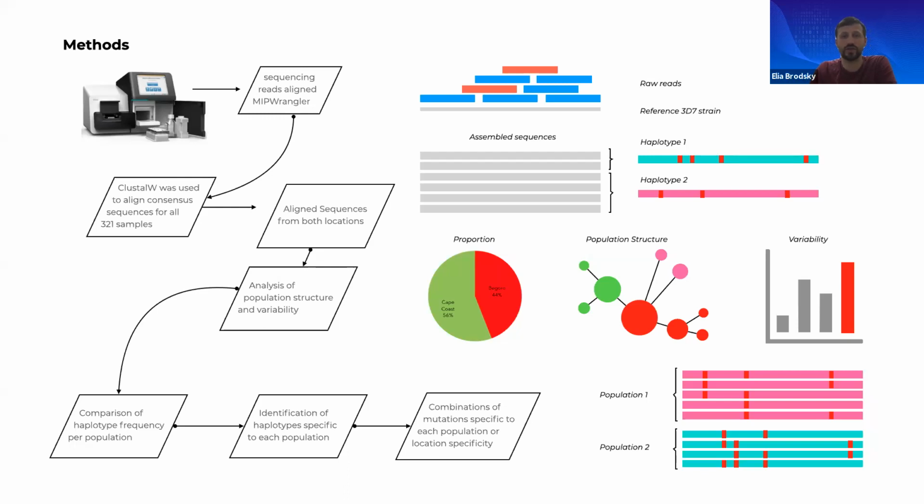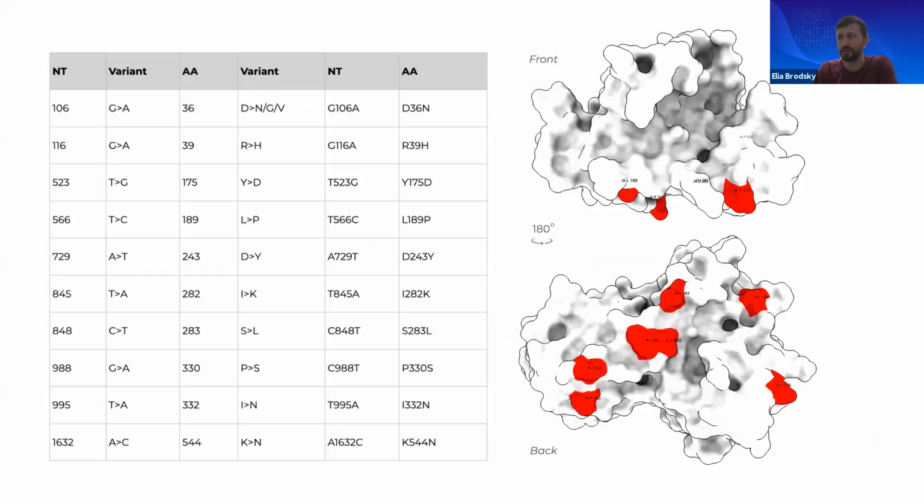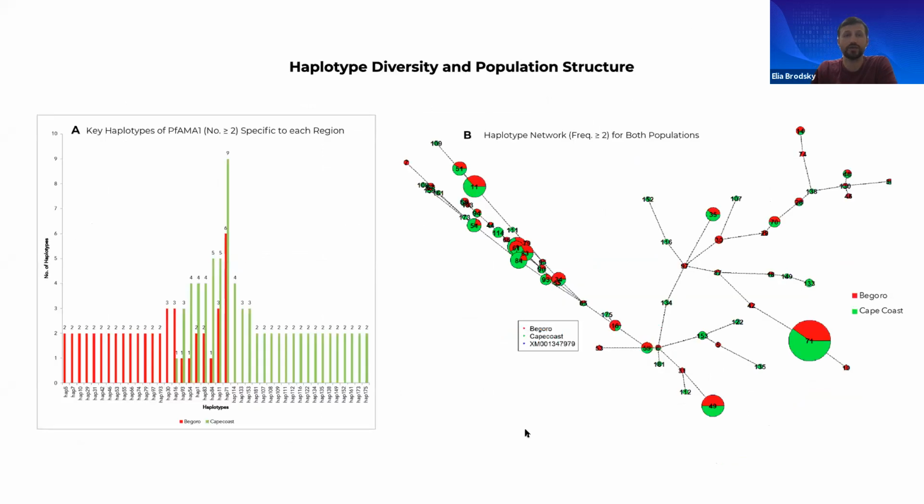And that was one of the things that was done to characterize population structure, because one of the hypotheses pursued in this project was whether this genetic structure actually defines the prevalence of disease or this infection. And so as a result, we looked at independently occurring mutations, and then we looked at haplotypes which were connected into a network, and we tried to ask the question, well, could we find haplotypes that are unique or more prevalent in a population?